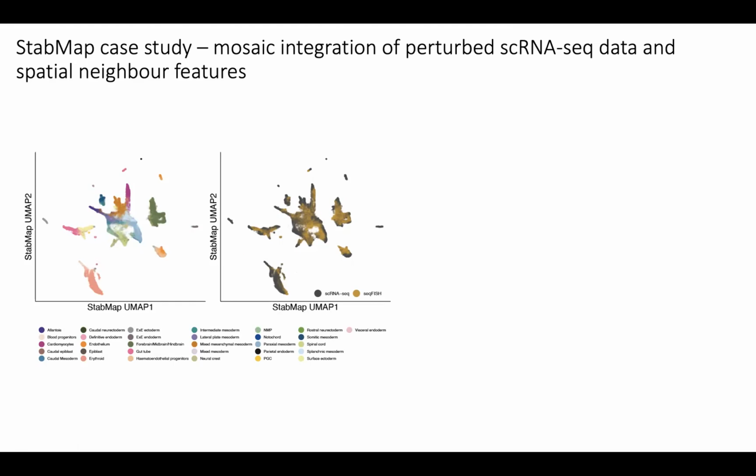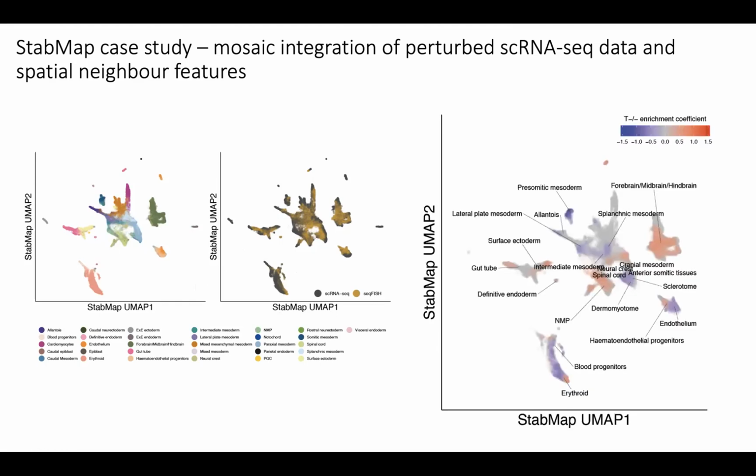So remember the dissociated data actually has perturbation information associated with it, right? So for each of the single cell RNA-seq cells, we actually have a label. Is it a wild type or is it a knockout cell? And so what we could do from that is perform a local enrichment test.